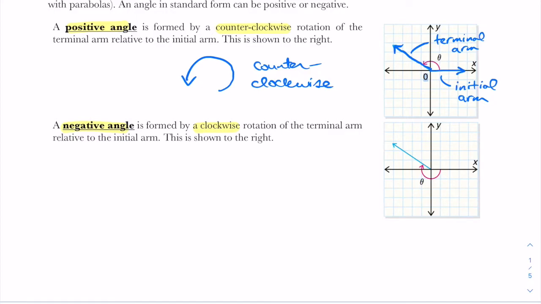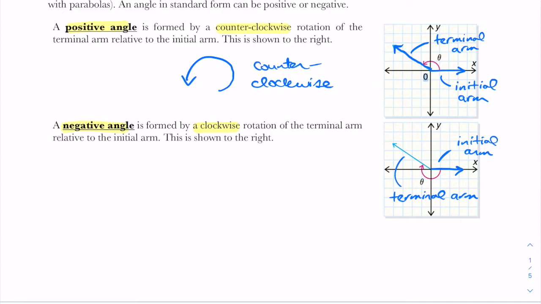So once again, please imagine we start with an initial arm on the positive x-axis. Imagine then that you take a terminal arm and rotate it some angle clockwise. If that was the case, we have a negative angle.